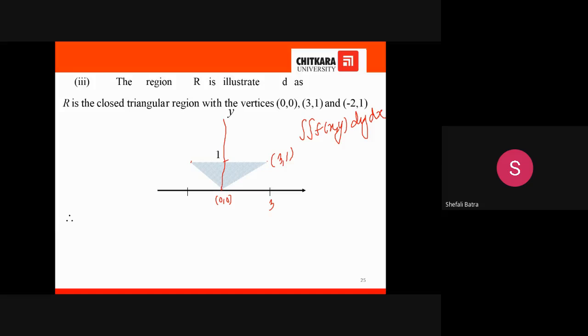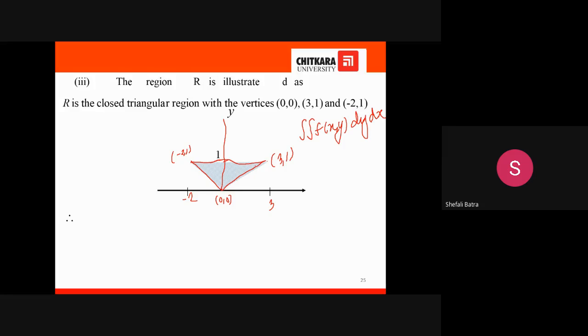And this point is (-2, 1). Right? So now you are joining these lines, this and this and this. You need to write all the lines now.